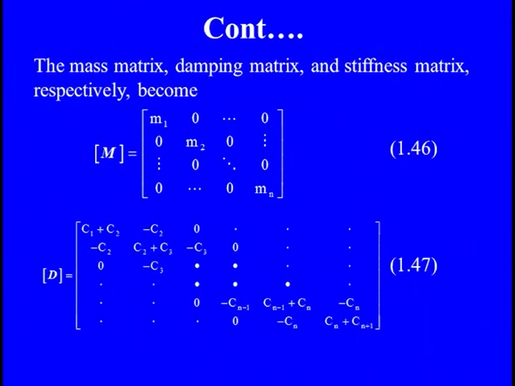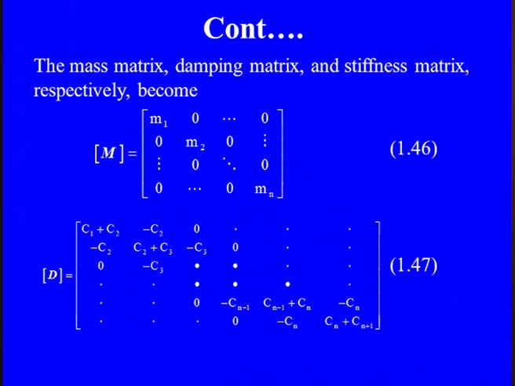Similarly for damping, when we are talking about the nth degrees of freedom system, the diagonal features must be positive. So, we have C1 plus C2 starting from this and ending up at Cn plus Cn plus 1.